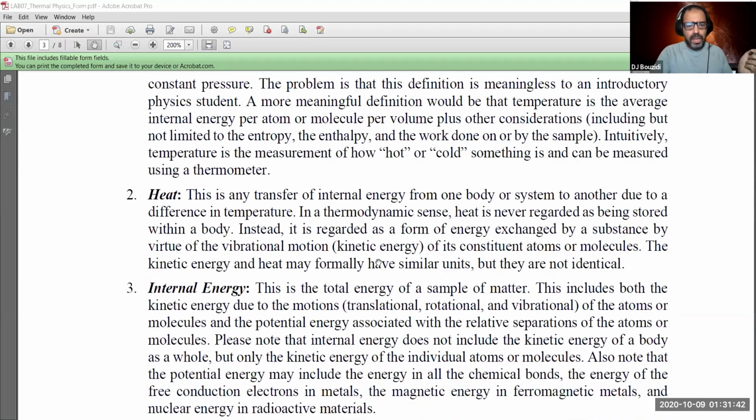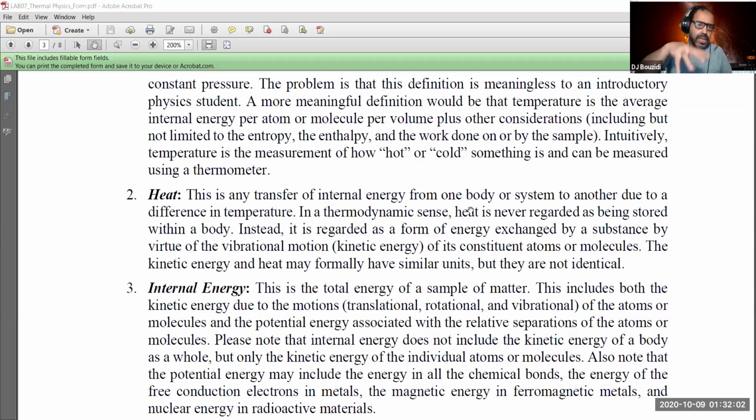Okay. Heat is any transfer of internal energy. Again, it's a process. Heat is different, okay? For physics 10, this was part of their discussion today, in that they're supposed to distinguish between the two, okay?